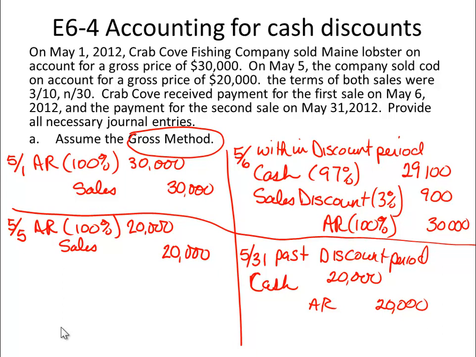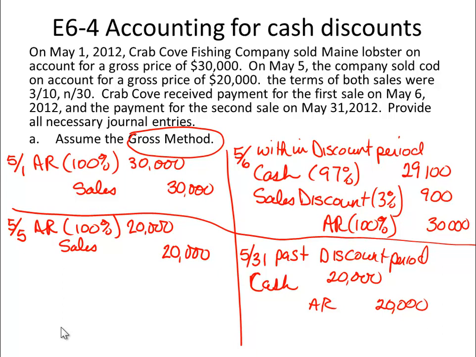So on May 1st, when we sold Maine lobsters at a gross price of $30,000, we debit accounts receivable and credit sales for $30,000. On the 5th, when we make another sale for $20,000, again, we'll debit accounts receivable and credit sales. Now, that first sale that we made gets paid on May 6th, which is within the 10 days of the sale.